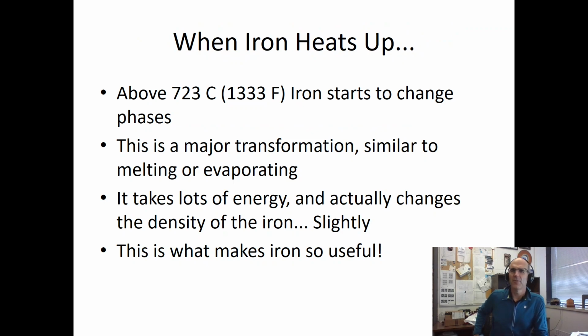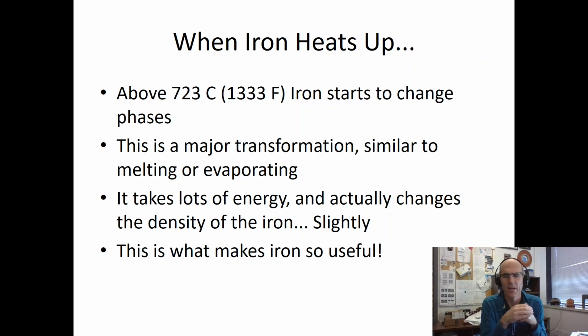However, when you heat your iron up and you get above that 723-degree range, and this is right at about the point where your iron starts to glow a dull cherry red, you've seen that when you're doing some of your gas welding, working with the torches.